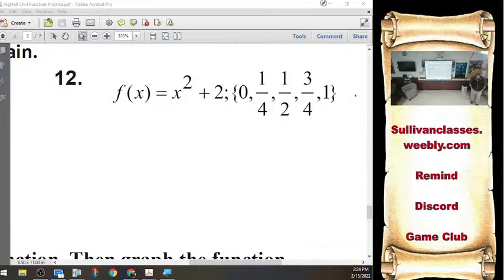But if that is something your family has access to, or if you get a hand-me-down from a sibling or cousin, talk to some of the math teachers. We might just have an old one laying around that you can have, but you should have your own scientific calculator that you are going to get familiar with and use throughout high school. So you can do the fraction stuff on there without having to mess around with your phone, because you don't have access to the phone on the test. Okay.